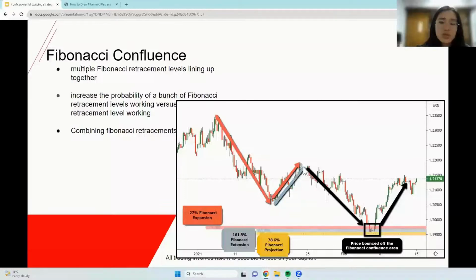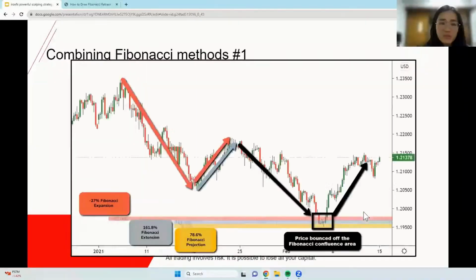You can also see the lightning bolt shape. And then the 161.8 Fibonacci extension is our Nike tick strategy. You can see that the Nike tick is inverted in this case. And you can see price bounced off of this level.